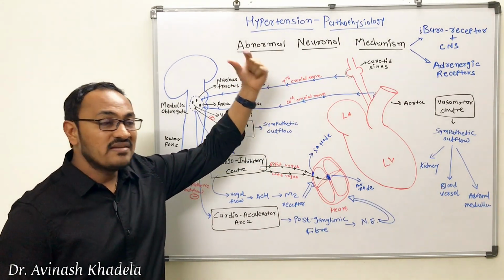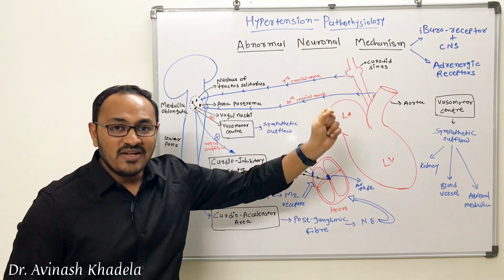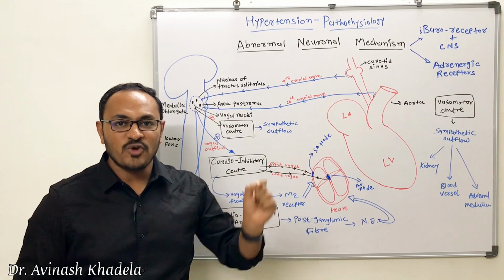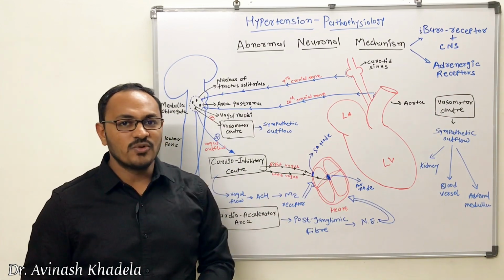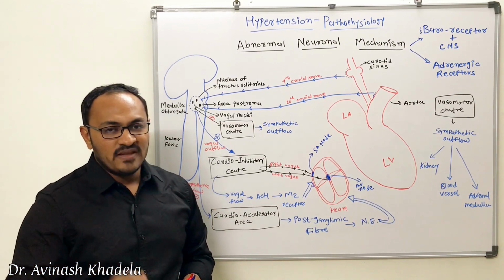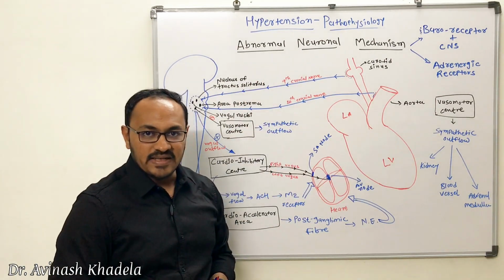Now, when there is an abnormal neuronal mechanism, it will lead to disturbance in the homeostasis of neuronal regulation of blood pressure, and it leads to persistent elevation in blood pressure. So let us understand the neuronal mechanism in detail.